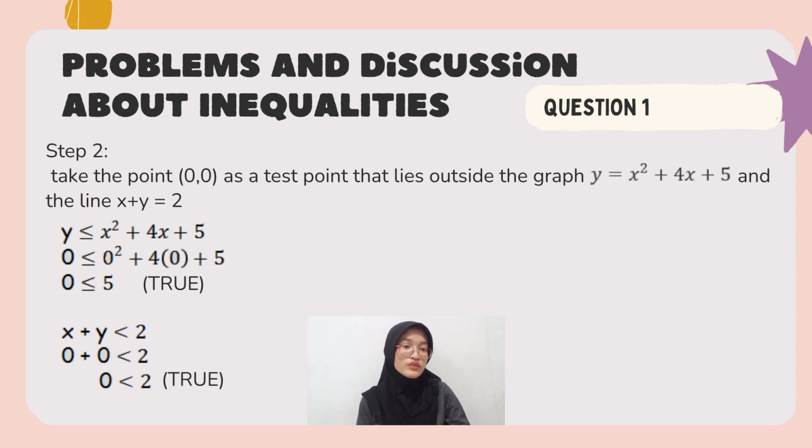So, y less than or equal to x squared plus 4x plus 5. We get 0 less than or equal to 0 squared plus 4 times 0 plus 5. So, we get 0 less than or equal to 5. Is it true?